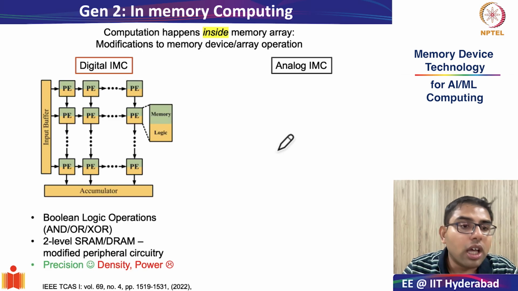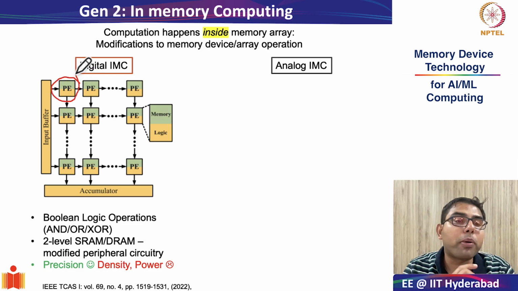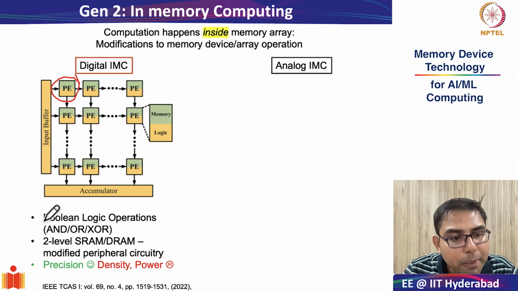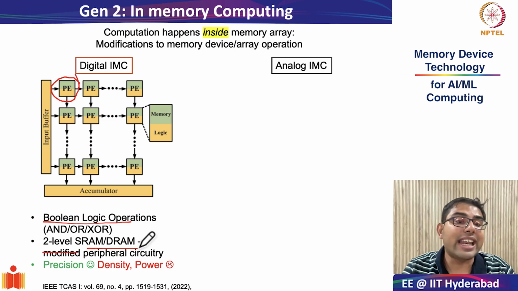As you can see, the structure of digital in-memory computing is such that you have small PE, or processing element, nodes. What does each processing element node do? It performs simple Boolean logic operations with your standard two-level SRAM and DRAM cells, just by modifying the peripheral circuitry and the biasing schemes. We will see examples very soon.